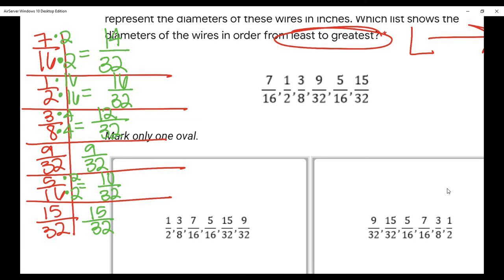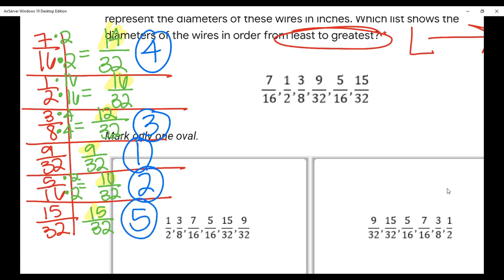So now they all have common denominators, so I'm just looking at the numerator. And I'm ordering them just like normal from least to greatest. There's no negatives or anything, so I can just go normal. So the smallest one is going to be 9, then 10, then we've got 12, 14, 15, and 16.